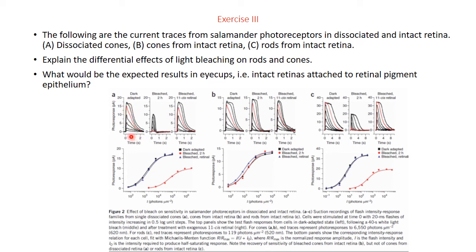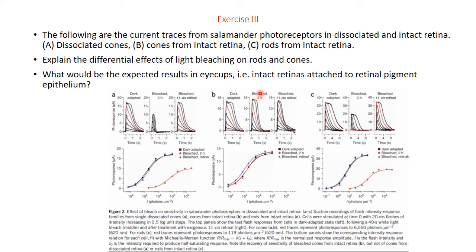And what you can see here is that for a dark adapted retina, in dissociated cones, you can bleach with light, and you can restore light sensitivity of these isolated cones by providing some 11-cis retinal.